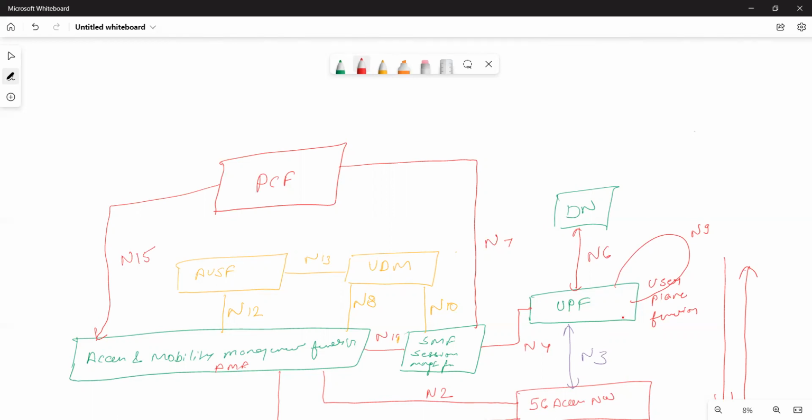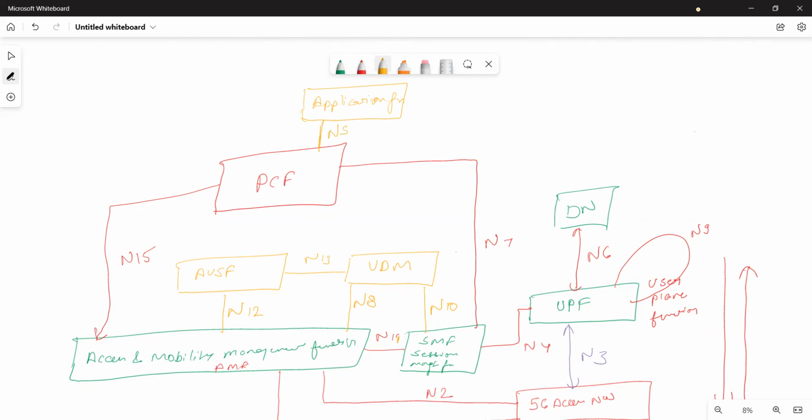Here we don't have any connection like AUSF, UDM, and PCF. This is just the access mobility function, and the SMF. These are connected to AUSF, UDM, and then PCF. And further we have this application function here, and this is connected to PCF only.